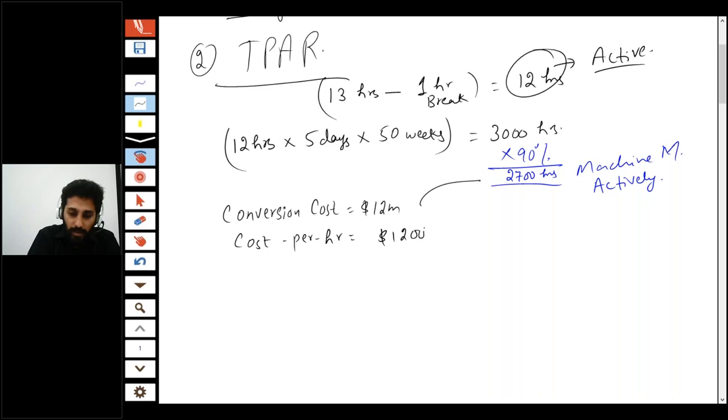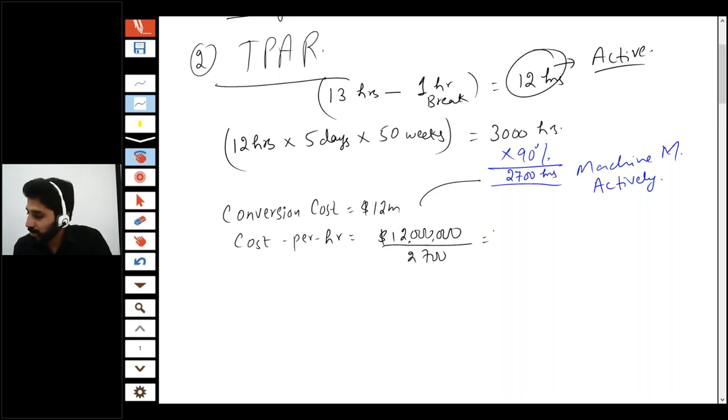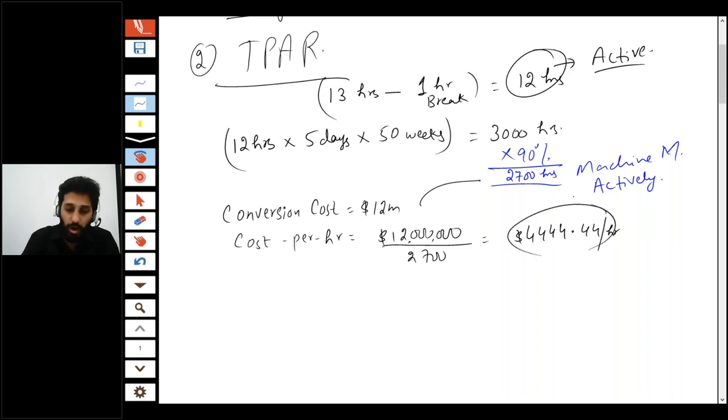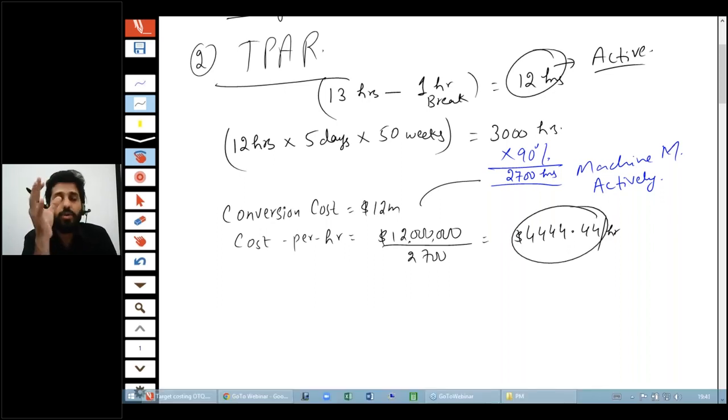That is 12,000,000 divided by 2700, which is 4,444.44 per hour. That is the cost per hour, and that is known as the conversion cost per hour.